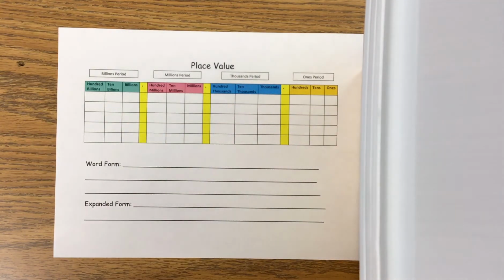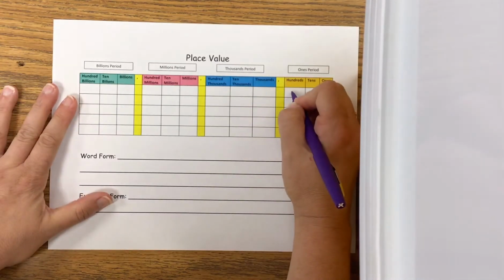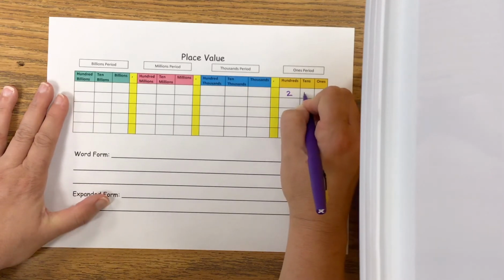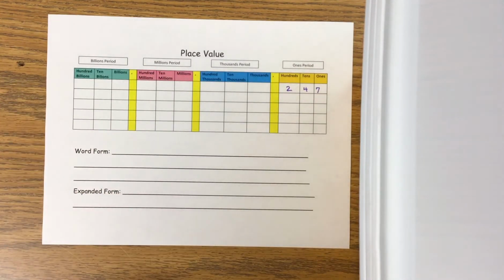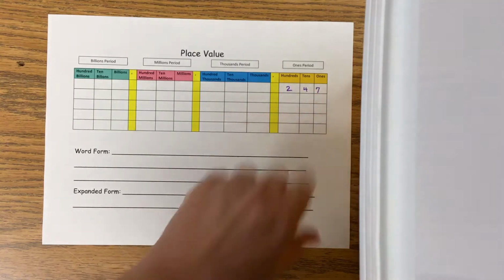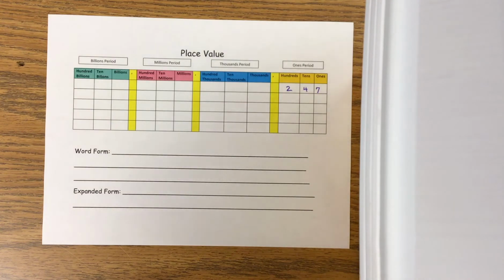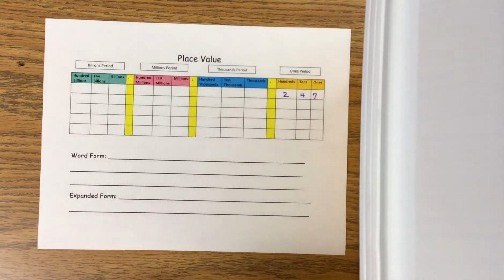So I'm going to write a number in my place value chart here. I'm going to write the number 247. That number 247 is made up of 3 digits, a 2, a 4, and a 7. Now let's talk about the value of each number. Each of those digits in that number has a value.